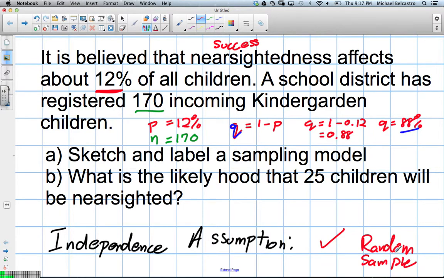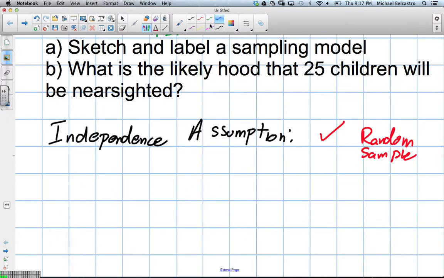Okay, and the randomized condition. The other thing of independence is we also assume that, because one kid is nearsighted, it doesn't mean that the other kid has to be not nearsighted. One kid's nearsightedness doesn't affect the other, and that's part of the independence assumption, that the two events are independent. And the second thing is the random one; I kind of talked about the random one already.